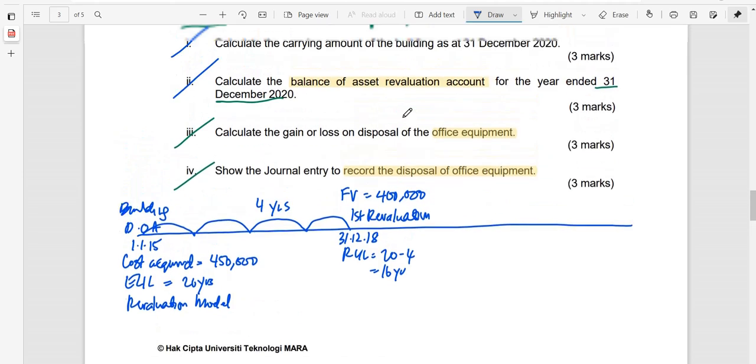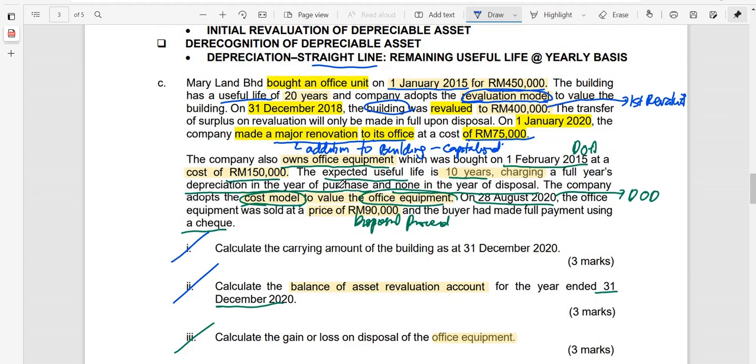So let us look at the information that we are required to calculate first, the requirement of the question. You are asked to calculate the carrying amount of the building as at 31st of December 2020. So you also need to consider the renovation that took place on 1st of January 2020.